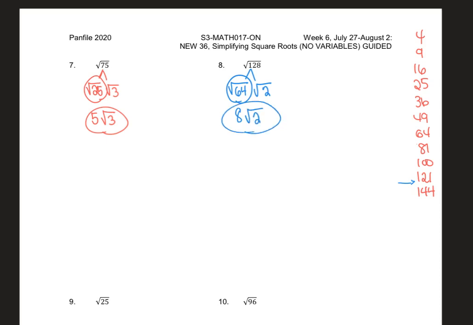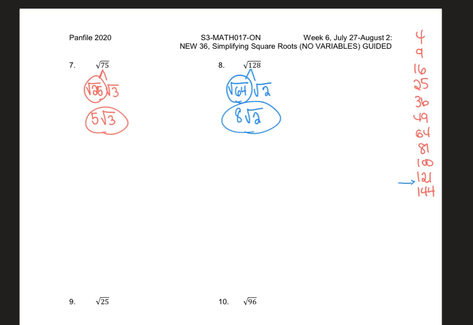Now, when I'm saying to you, 121 doesn't work, 100 doesn't work, 81 doesn't work, 64 doesn't work, that should not be as quick for you. It's quick for me because I know for a fact it doesn't work because I've done these over and over again. That's like the time lapse feature in my video without time lapsing. So that's where you should be trying these on your calculator. You should be looking in your multiplication chart to see if it's a factor of those numbers.